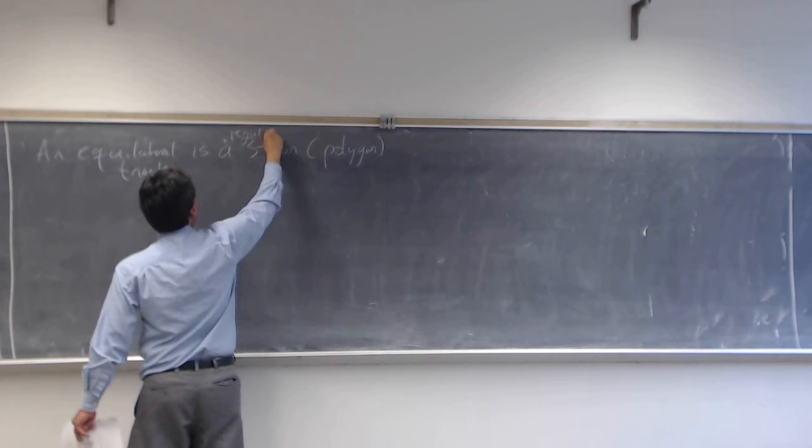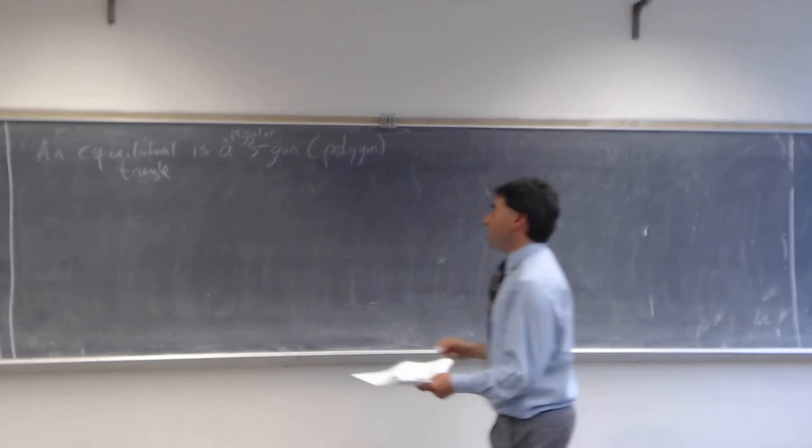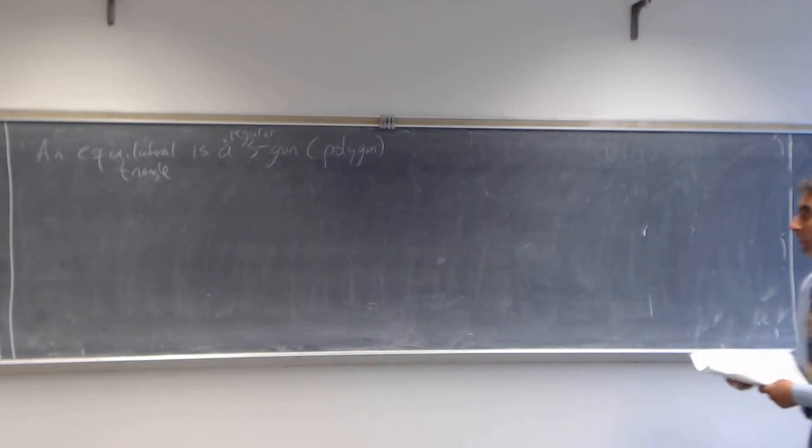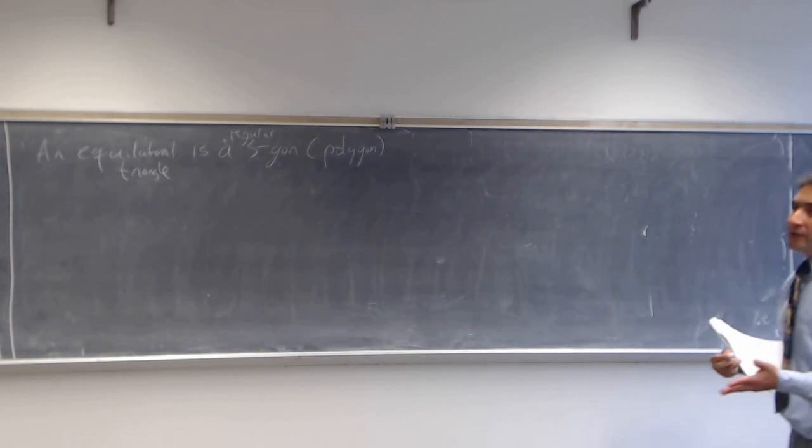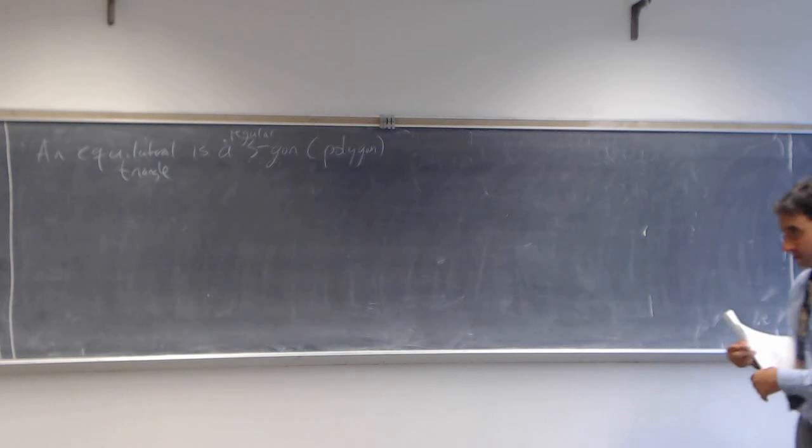I think the term they use is regular. All the sides, lengths, and angles are equal. A regular 3-gon. A square is a regular 4-gon, 4 sides.